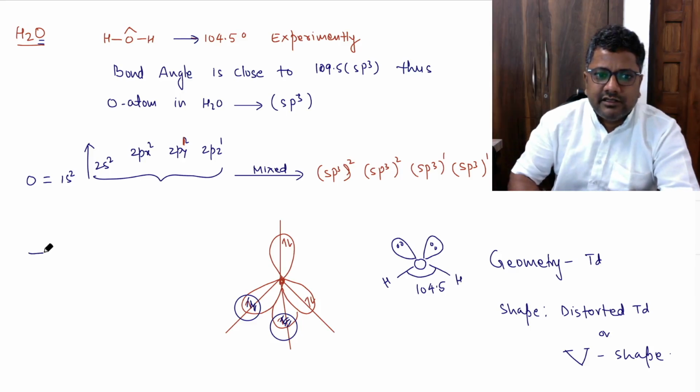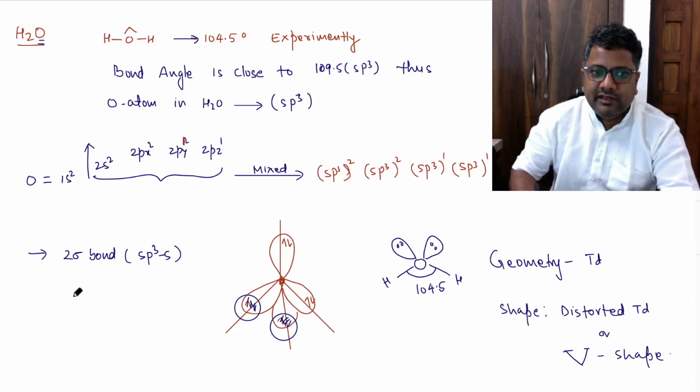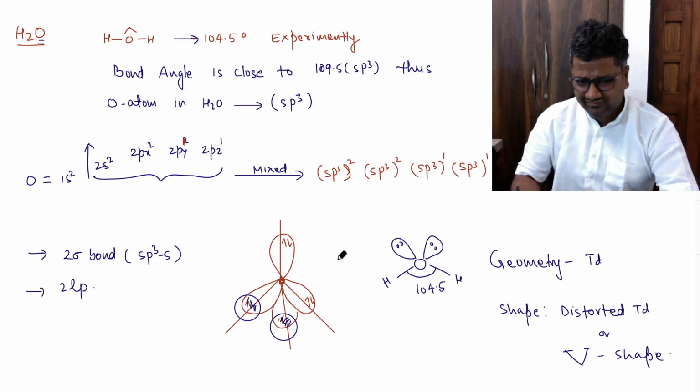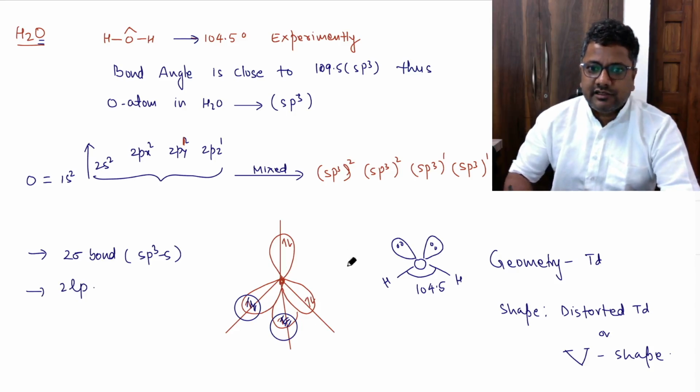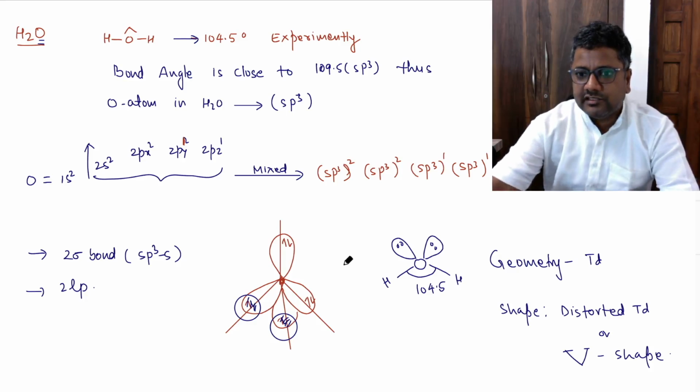Now you can write all these features: 2 sigma bonds formed by sp3 and s overlapping, 2 lone pairs, no pi bond around the oxygen, right? So all these features now you can write.